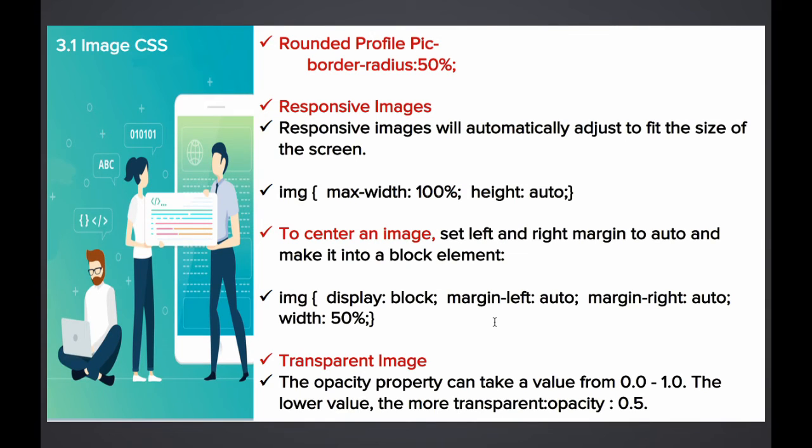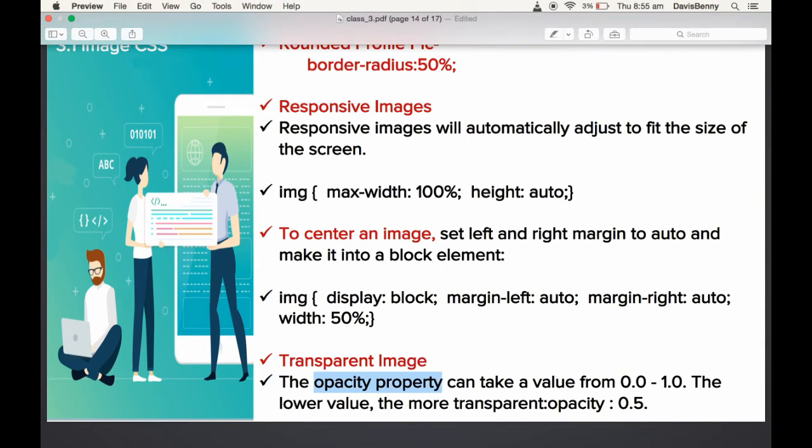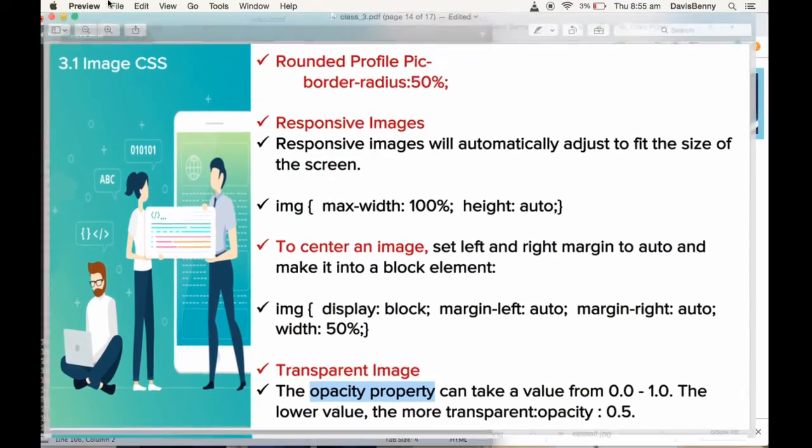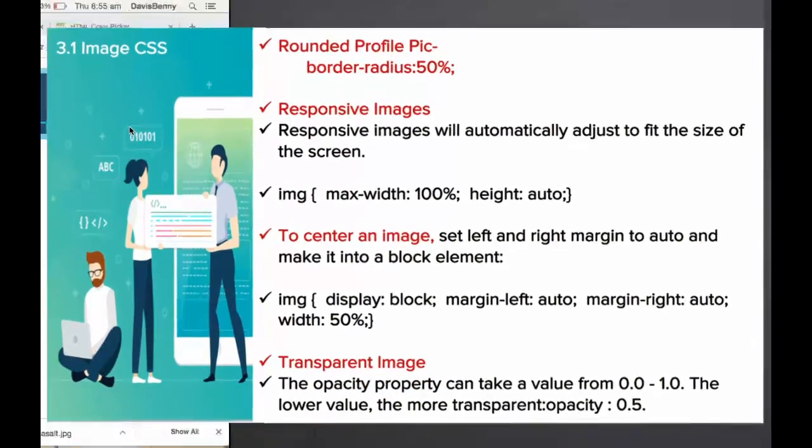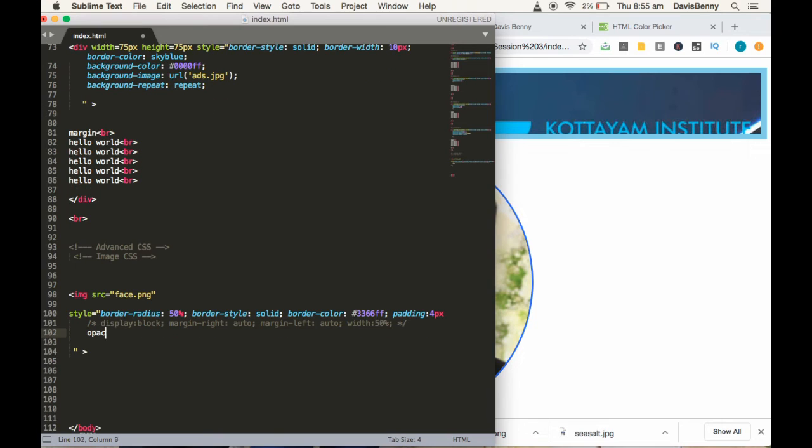In order to make the image transparent, you can take a value from 0 to 1. Okay, let's try to make the image transparent. For making the image transparent, you have to use the opacity property. For opacity, you can set any value between 0 and 1.